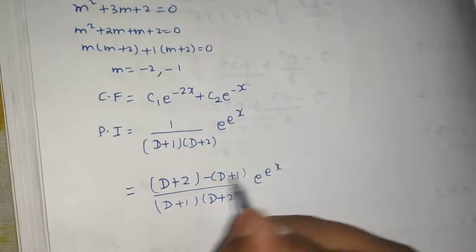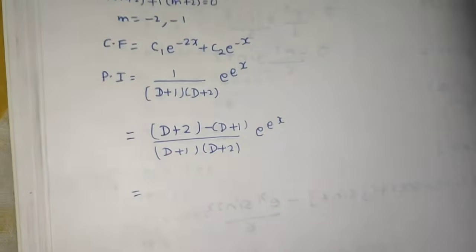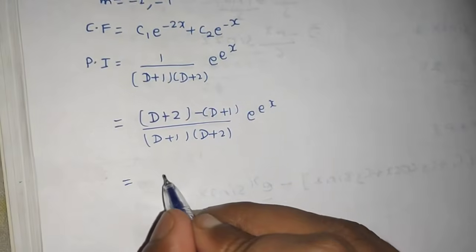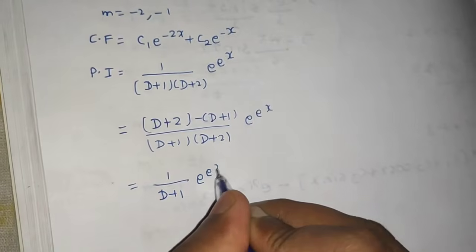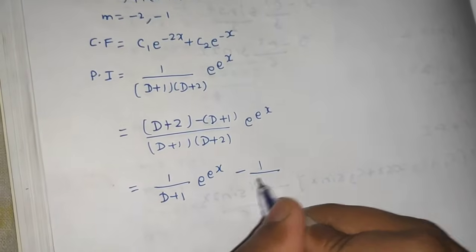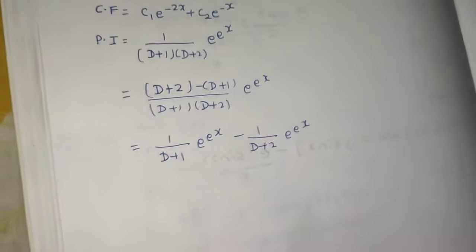Now D cancels, 2 minus 1 is 1, so no change in numerator. Now this divided by this is 1 upon D plus 1 operating on e power x, minus 1 upon D plus 2 operating on e power x.